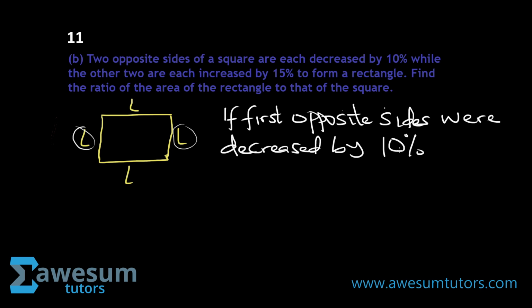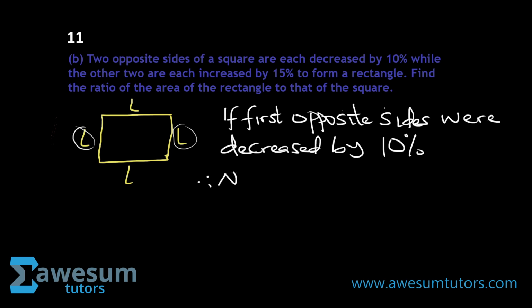What does that mean? These are the first two opposite sides we are talking about. You decrease them by 10%. So if you decrease them by 10%, what does that mean? How much is going to remain?